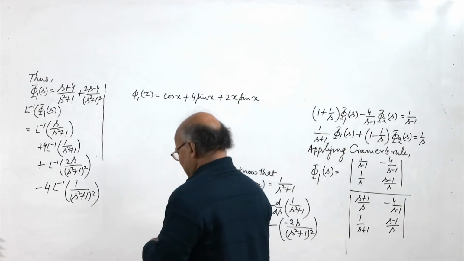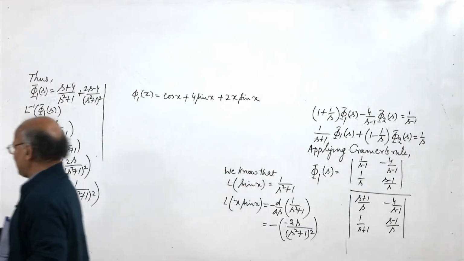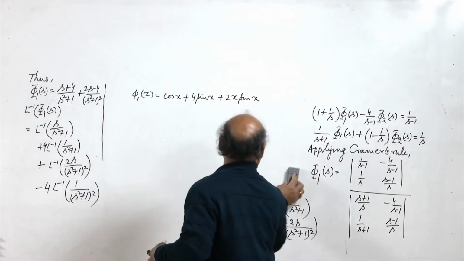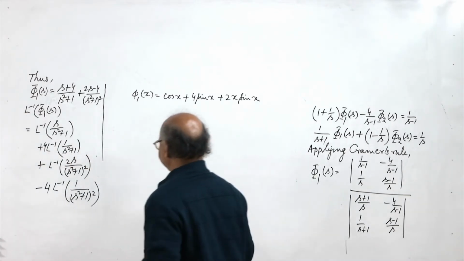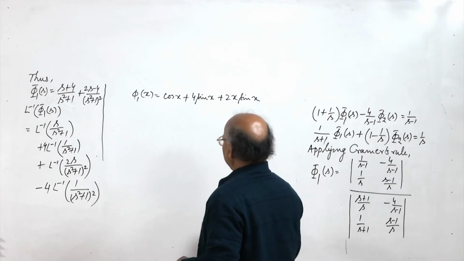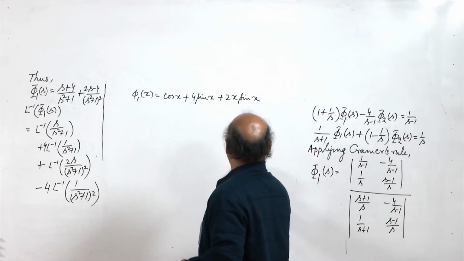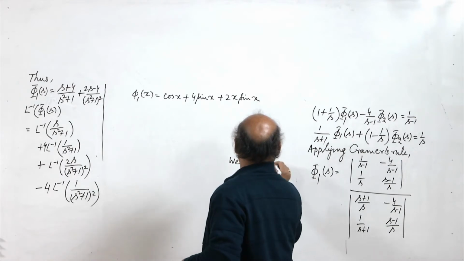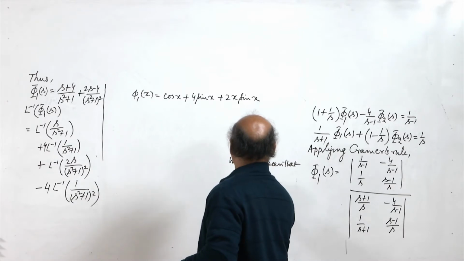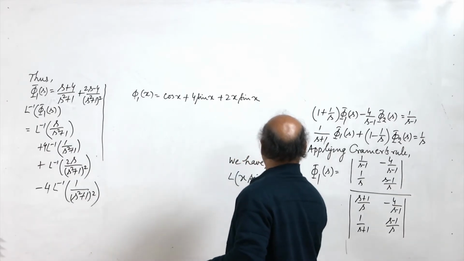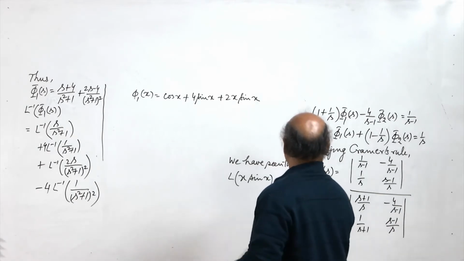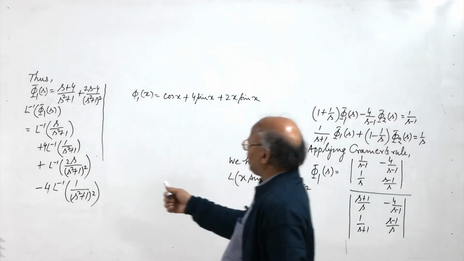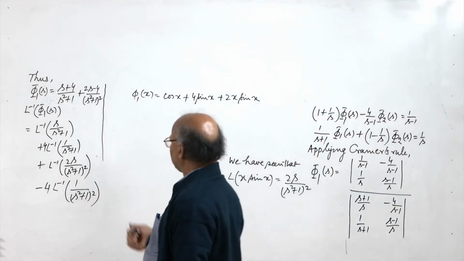Now let us find the inverse Laplace transform of 1 over s square plus 1 whole square. We have just now seen that Laplace transform of x into sin x is equal to 2s upon s square plus 1 whole square. We want the inverse Laplace transform of 1 over s square plus 1 whole square.